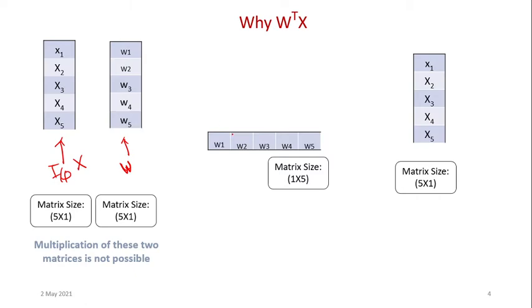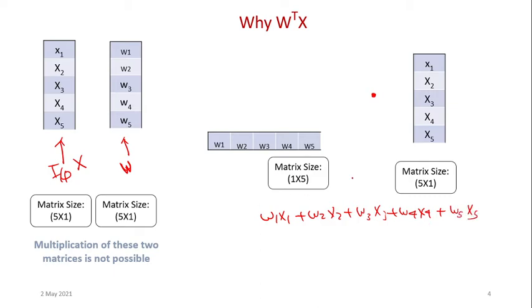So what you will do is take the transpose of W so that you can do a dot product between W transpose and X. Once you do the dot product, what will we get? We will get W1 X1 plus W2 X2 plus W3 X3 plus W4 X4 plus W5 X5.